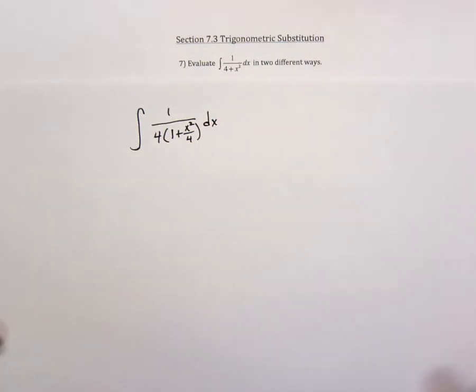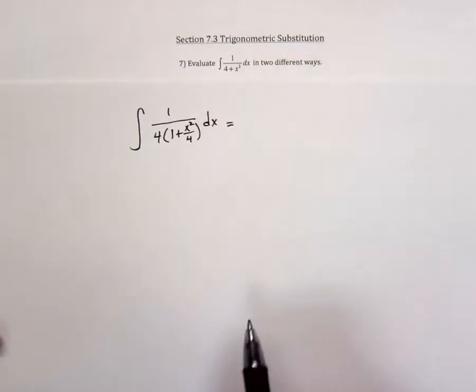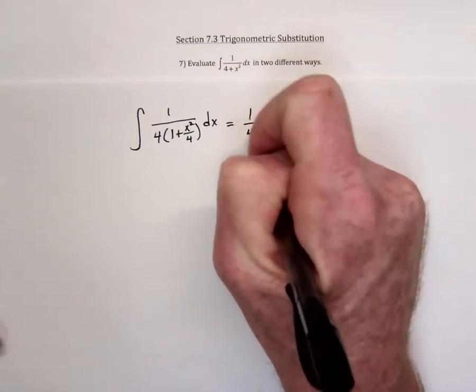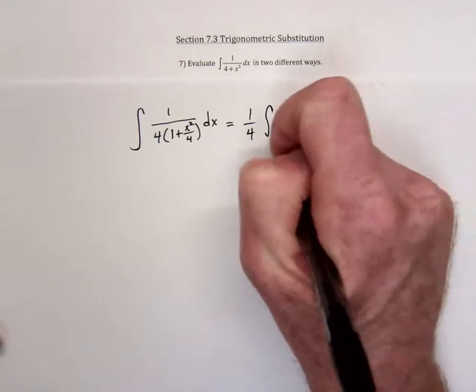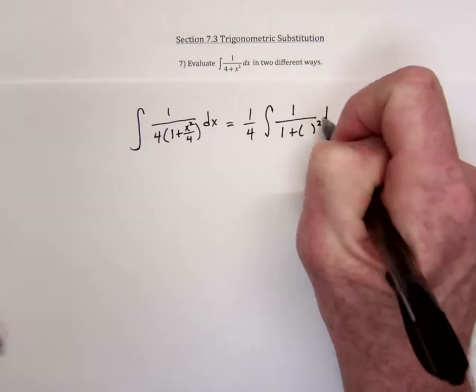Now for simplicity's sake, I'm going to factor out that 1/4. And in order for it to look like tangent inverse, the denominator needs to look like 1 plus something squared.